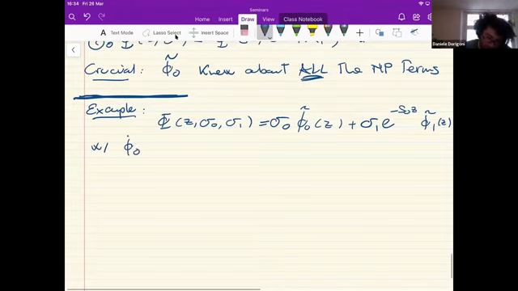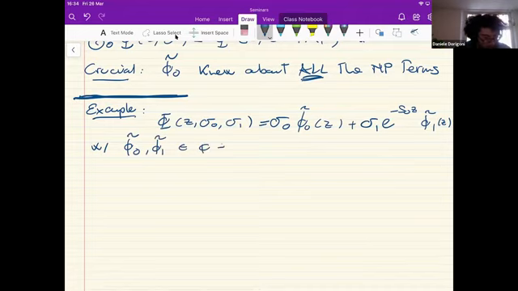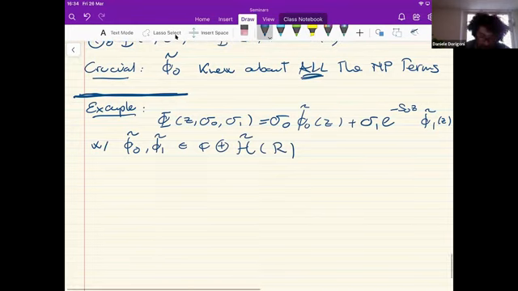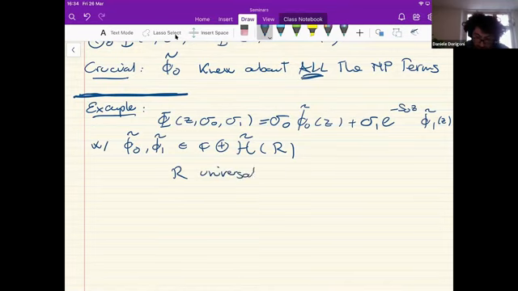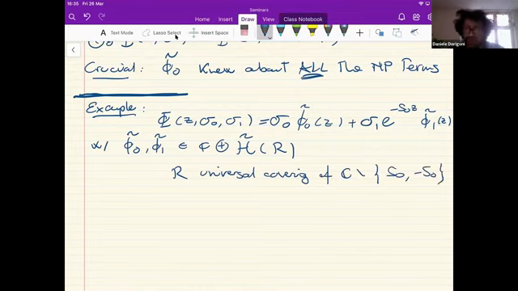So we can assume that these two are once again in the same algebra. And now the Riemann surface is very simple. It's just a universal covering of C minus the two points S naught and minus S naught.